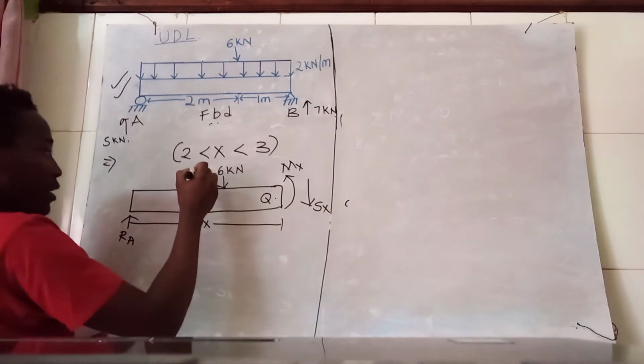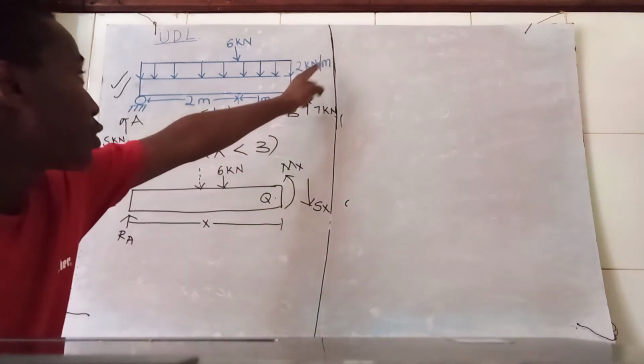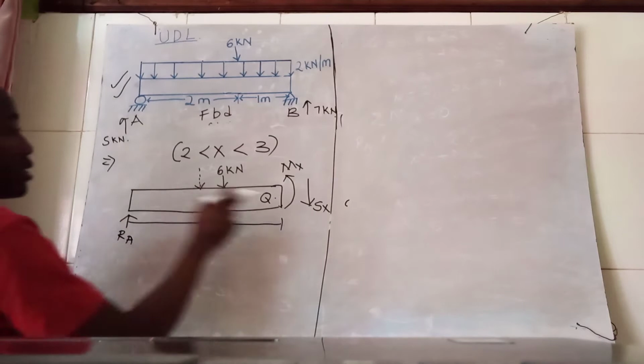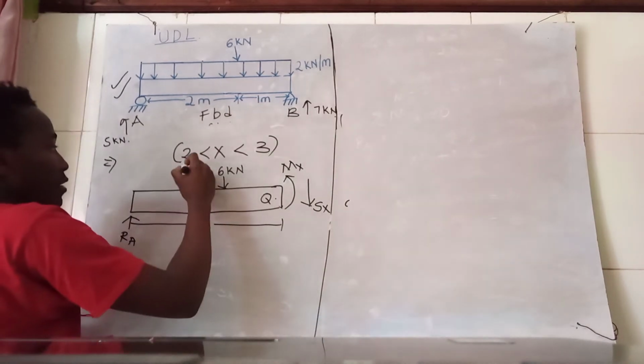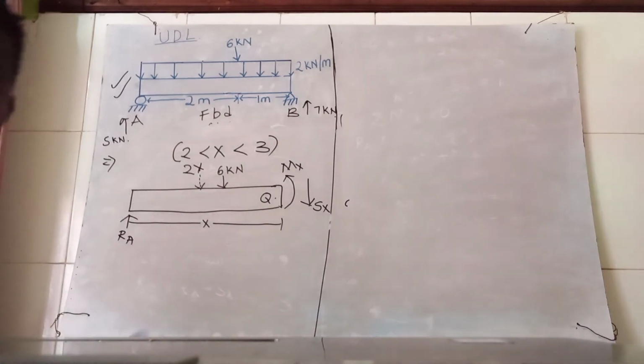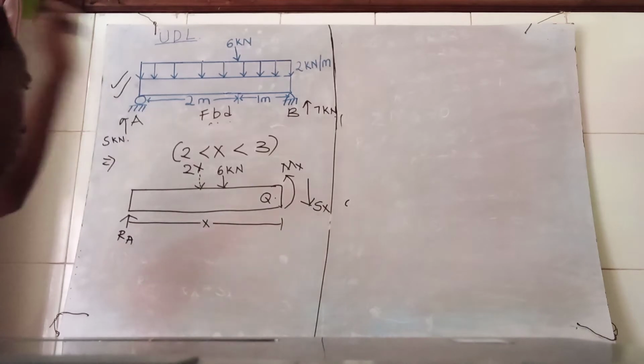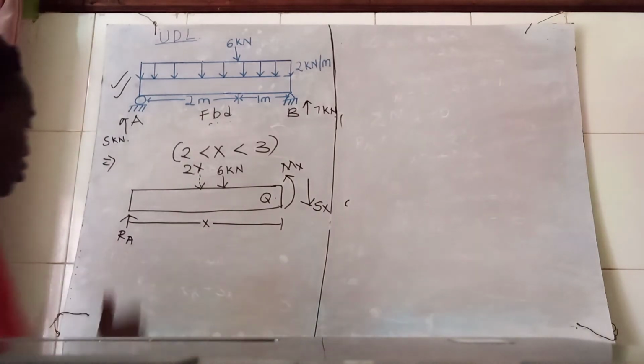Then for my UDL, it has a value of 2 kilonewtons per meter. The entire length is x, therefore 2x. Another thing you're going to notice is that the value for the UDL is going to be similar to the previous section.